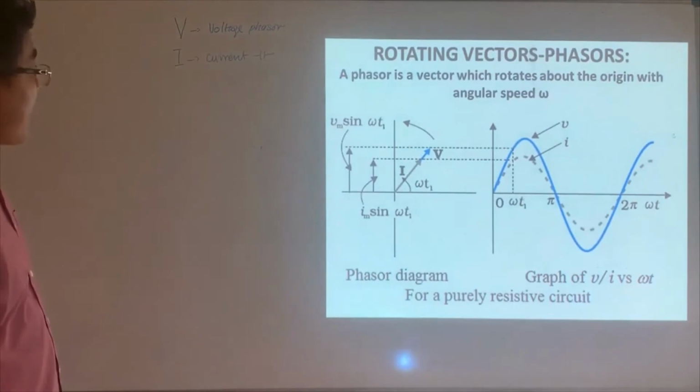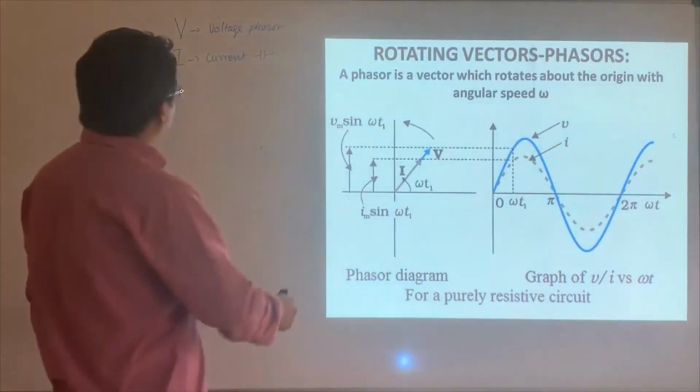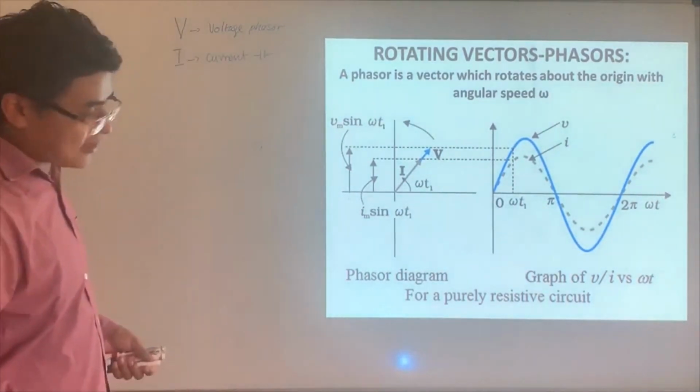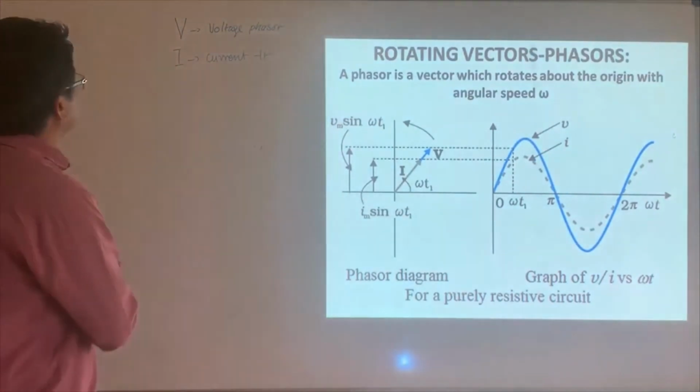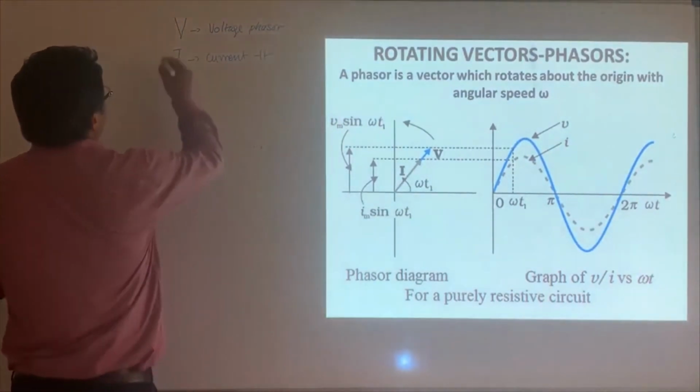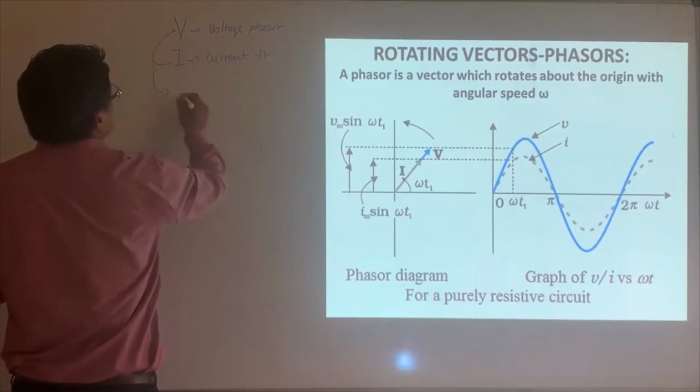And the length of these vectors represents the amplitudes. I call this a phasor vector.